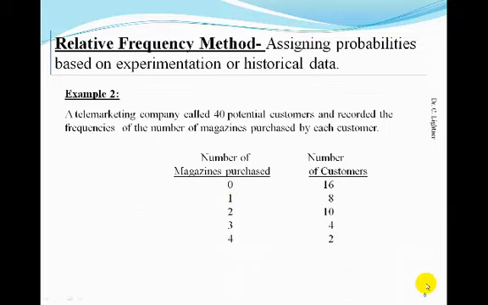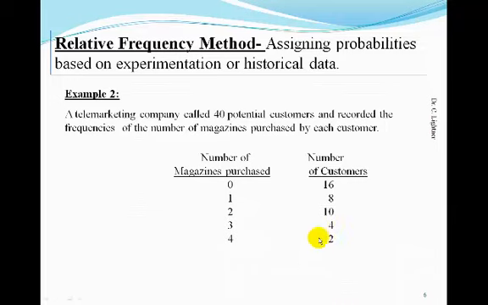With the relative frequency method, probability values are assigned to experimental outcomes based upon historical data. Here in example 2, we review the historical data for a telemarketing company. With this company, they contacted 40 potential customers and recorded the frequencies of the number of magazines purchased by each customer.